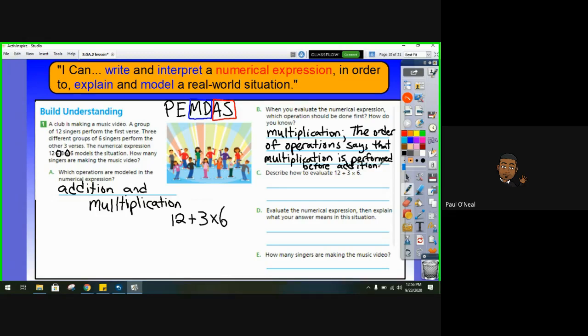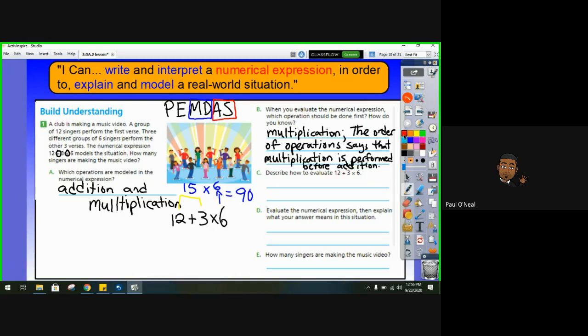Okay? Now, I want to show you this. If I were to solve this, 12 plus 3 times 6, and I went ahead and I did the 12 plus 3 first, right? If I did that, I would get 15, and then I would have 15 times 6. Well, 15 times 6, ladies and gentlemen, is 90.